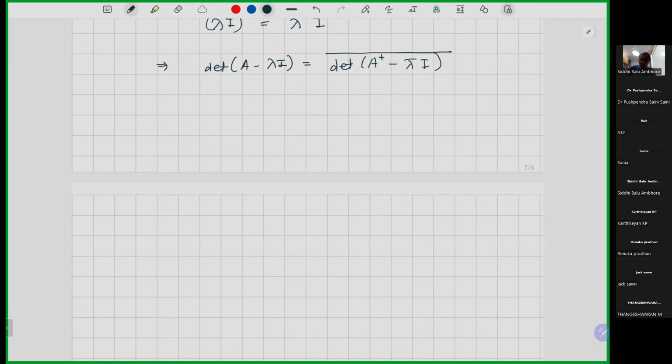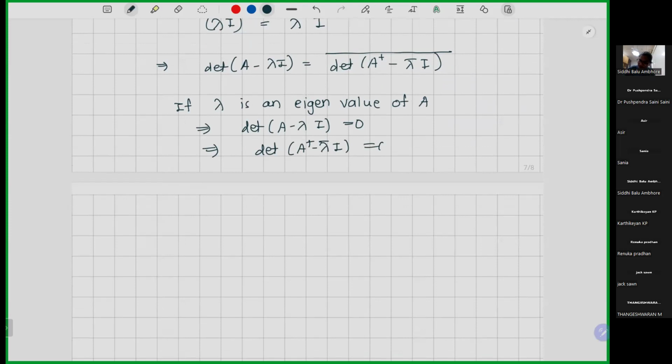So when the determinant of A minus lambda I is 0, that is, if lambda is an eigenvalue of A, then this implies the determinant of A conjugate transpose minus lambda bar I, whole conjugate, is 0. Since we are comparing with 0, we can omit the conjugate, or let me write it as well.